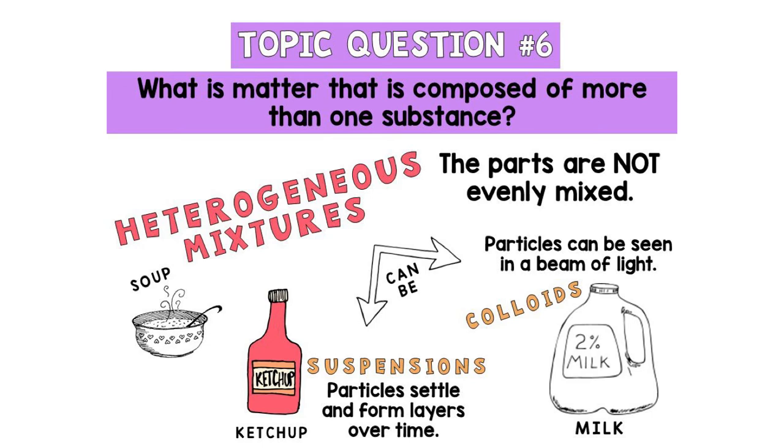That's why whenever you try to open your ketchup bottle, there's always a watery layer on top. Another example is a colloid, which is where the particles can be seen in a beam of light. So colloids are kind of dispersed throughout, but they stay that way. You don't have to shake up your milk every time you use it.